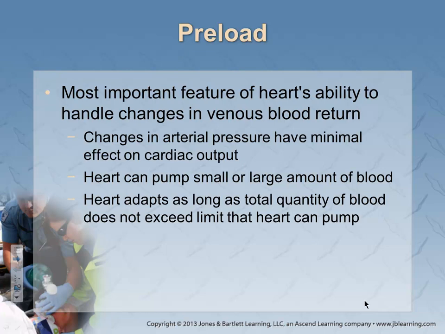Raise the heart rate. Alright? So if it has less volume coming to the heart, it's going to start pumping faster to try to get more to it, right? On the flip side, in a healthy heart, if it has a higher amount of preload, it may adjust its rate down a little bit so that it can allow Starling's law to take effect, slow the heart rate down, allow for a greater ventricular filling, allow for a greater stretch.